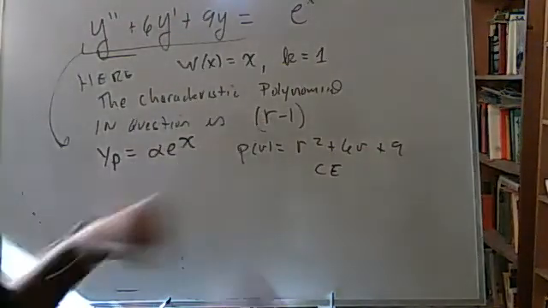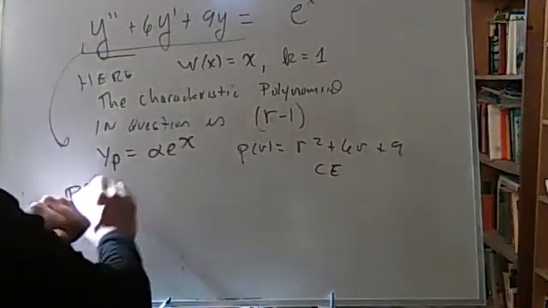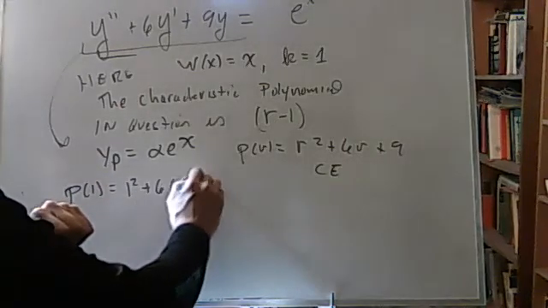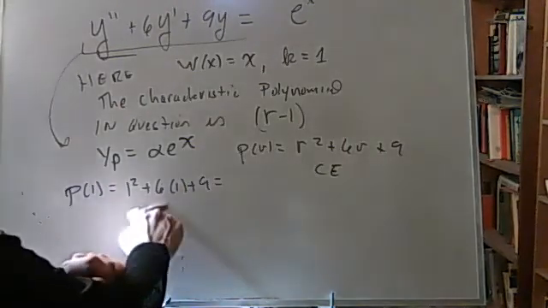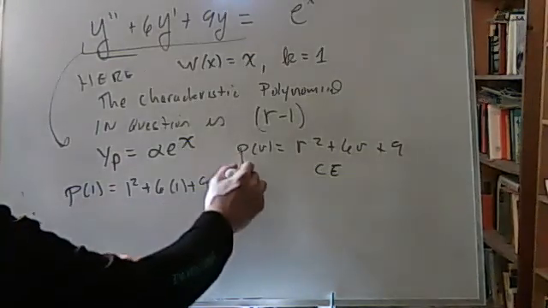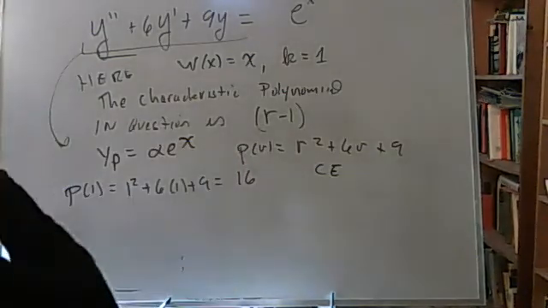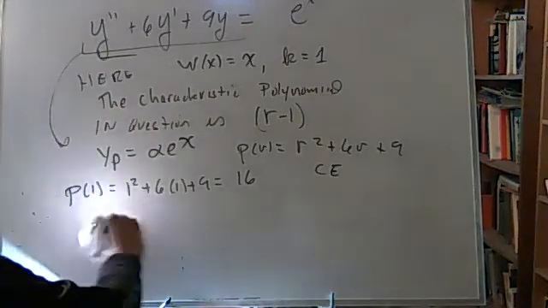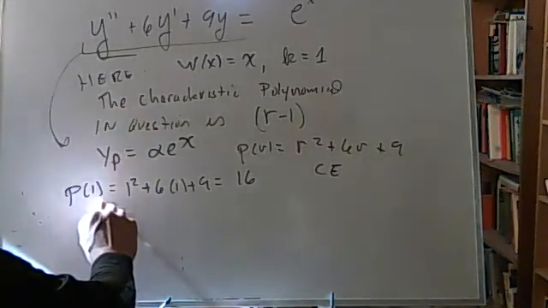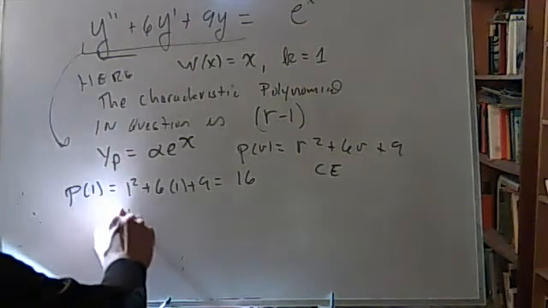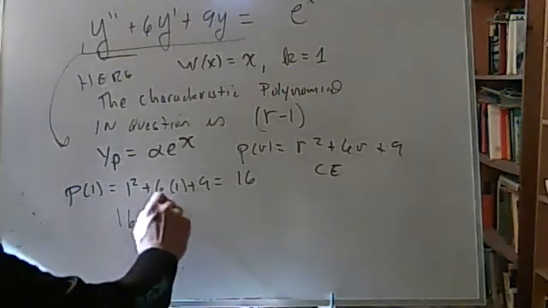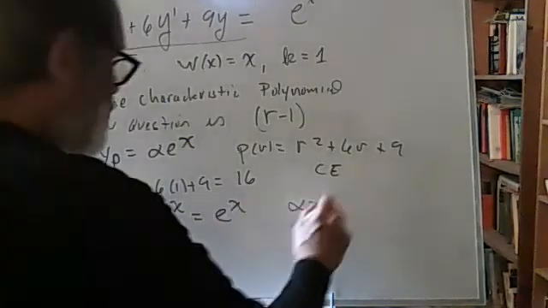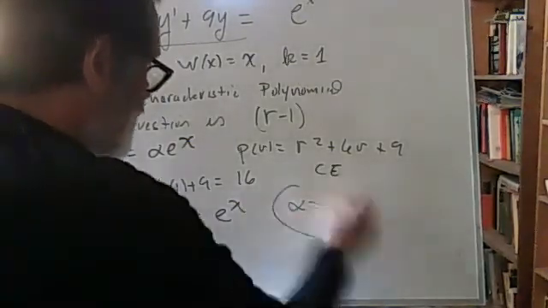If I plug in 1 here, that's going to be 16. So the solution will be basically 16 alpha e^x equals e^x. So alpha must be 1 over 16.